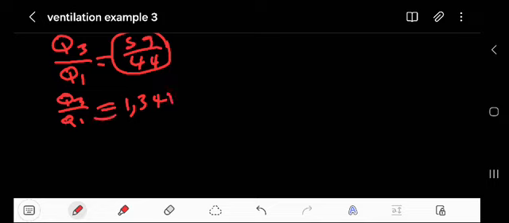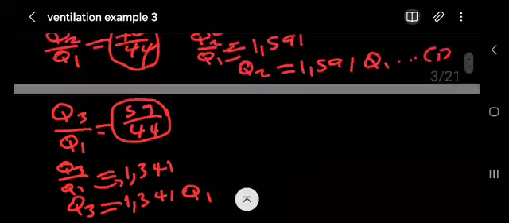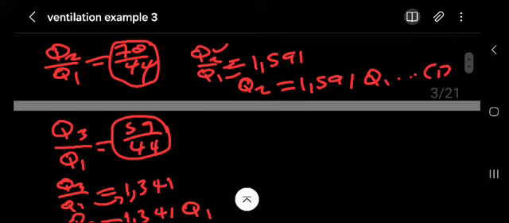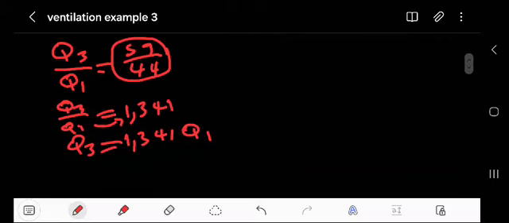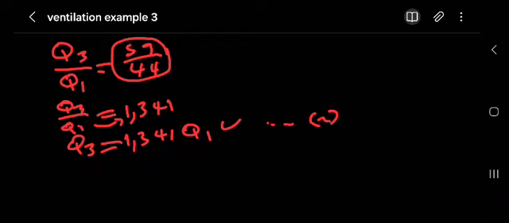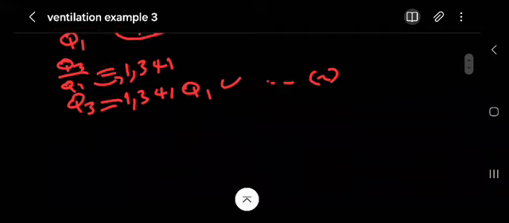Then I multiply by Q1 there, and we'll have 1.341 Q1. Why? Because here I have Q1. As you can see, I've decided to make everything in terms of Q1. You see, this is equation 2. That is what we have, right?